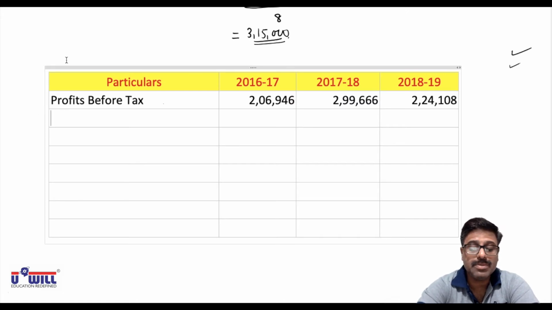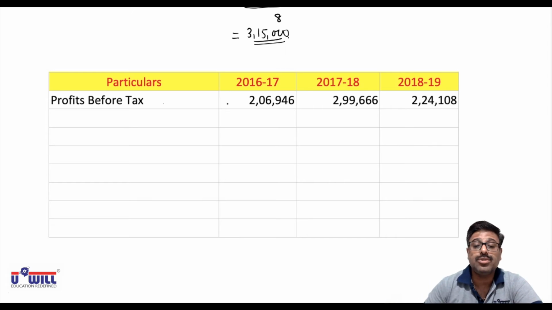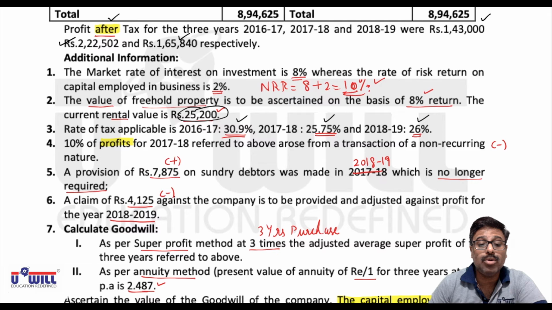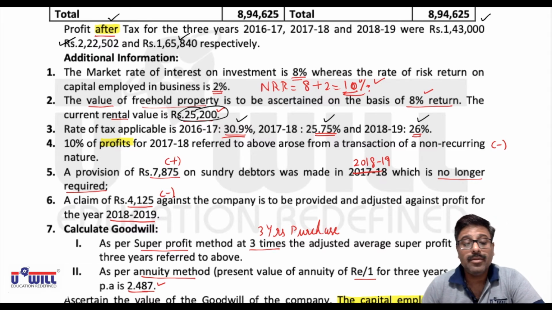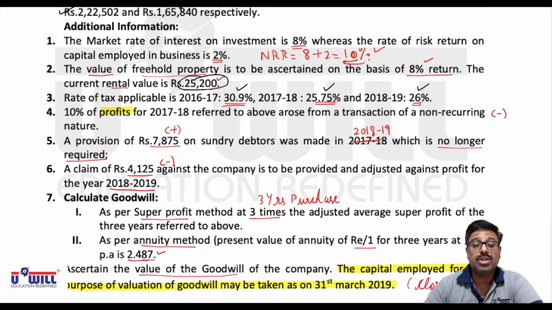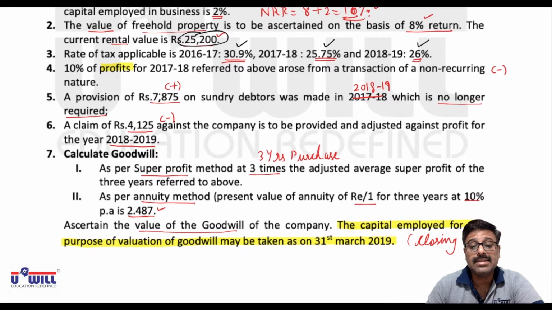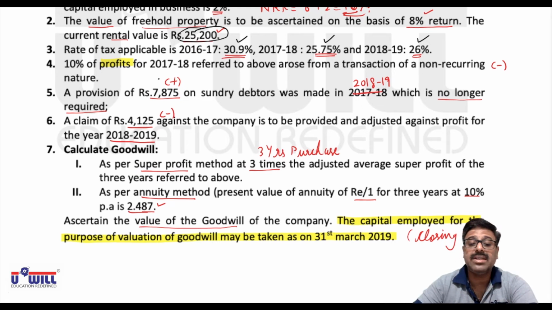Now from profits before tax, what are adjustments we are supposed to make? Adjustment number 1 is related to normal rate of return. 2, value of freehold property has no effects on the profit. It was just to find the fair value of freehold property. Adjustment 3 was just rate of tax. Adjustment 4, 10% of profits of 17 to 18 referred to of non-recurring nature.